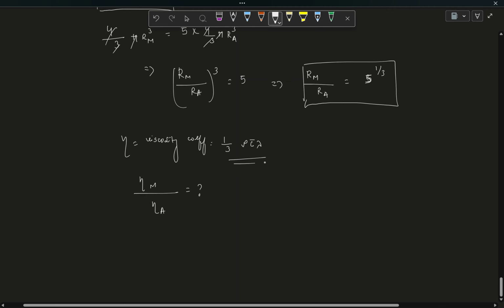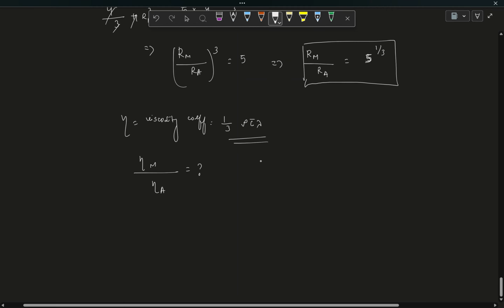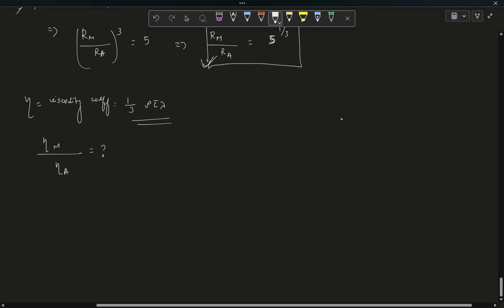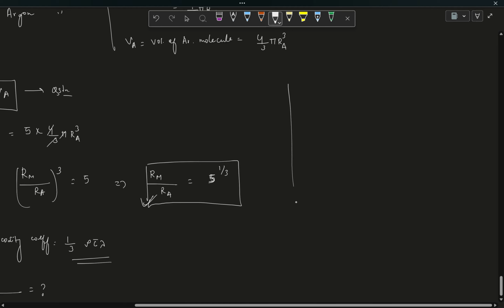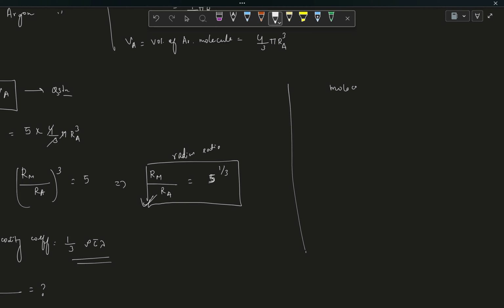We have to make use of this formula, and from the molar weights given in the question we can also calculate the mass ratio for a single molecule. So let us calculate that too. This is the radius ratio. Then what will be the molecular mass ratio, meaning the mass of a single molecule? Let us also calculate that, because this will be needed.